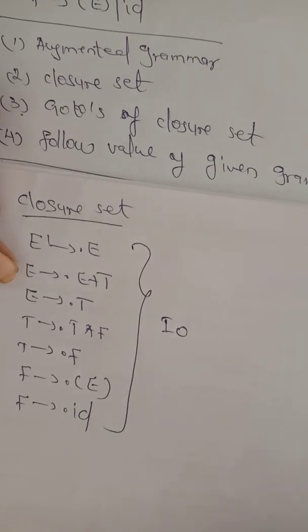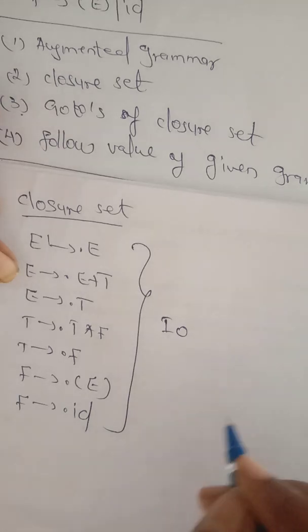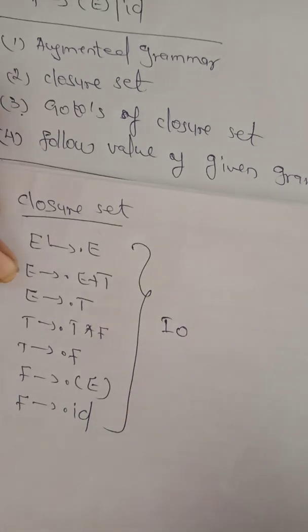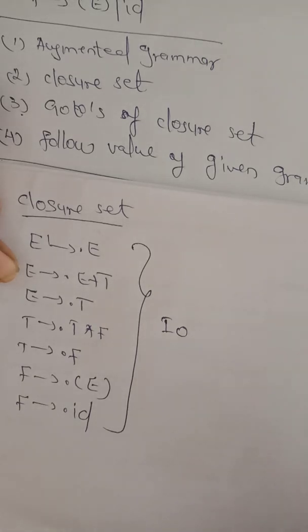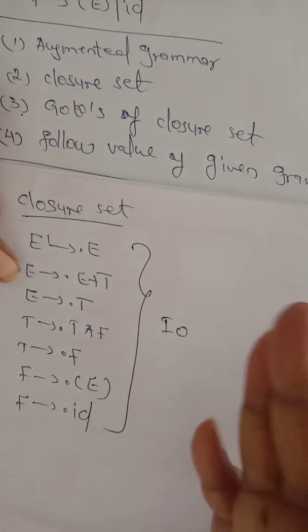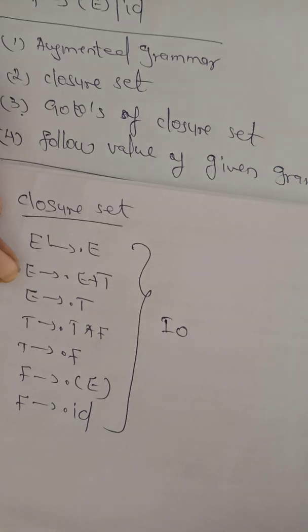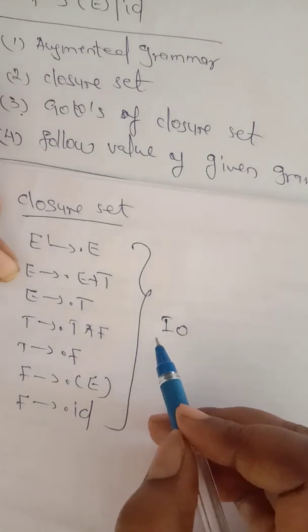Then if it reaches the end, we stop the process. That is the go-to operation. The go-to operation is used to check whether the input string is correct or wrong. It is a moving or shifting operation, and using that we can read our input symbols from left to right. So how do we construct the go-to? In I naught we have to verify.